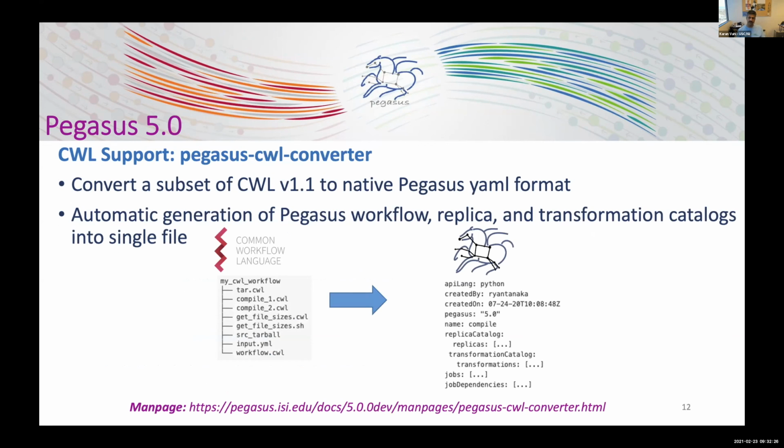Another thing which we have introduced in Pegasus is initial support for CWL. So as CWL has become popular, we started looking into it, and we worked on a Pegasus CWL converter.